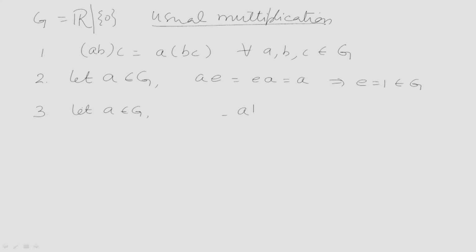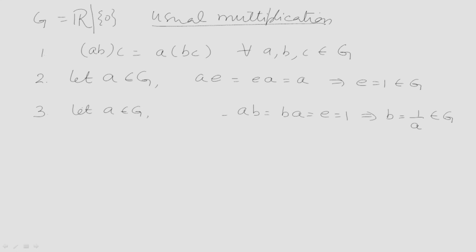If you take any A in G, then A into B should be equal to B into A, which should be equal to E, which is 1. So, this implies B is equal to 1 by A, which also belongs to G.